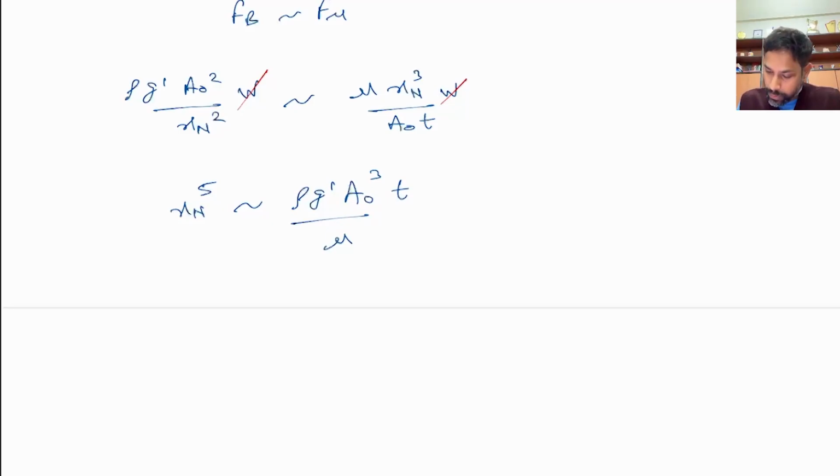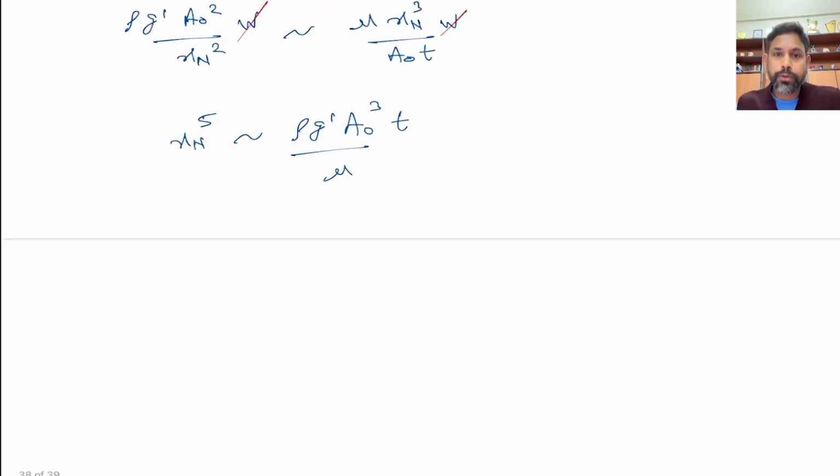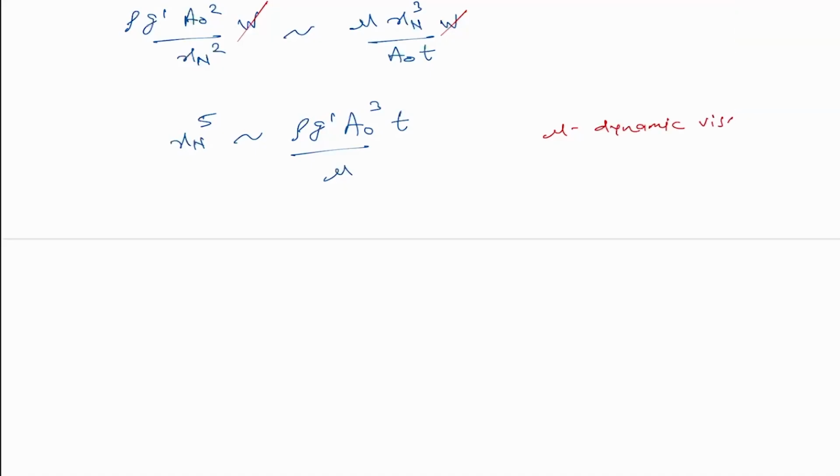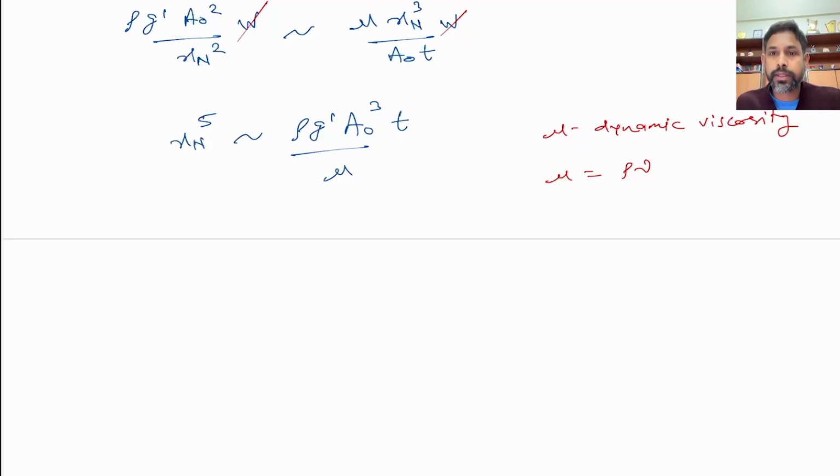Here we have to note that mu is the dynamic viscosity, which can also be written as rho times nu, where rho is the density and nu is the kinematic viscosity.